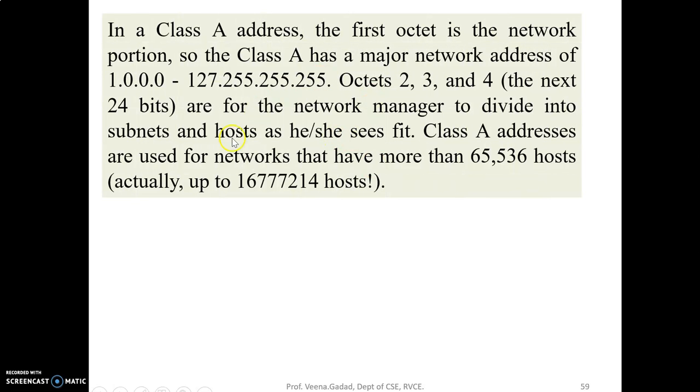This is just the description of the same. In class A, the first octet is the network portion, so class A has major network addresses. Octets 2, 3 and 4 are for the network manager to divide into subnets and hosts as they wish. Class A addresses are used for networks that have more than 65,536 hosts.